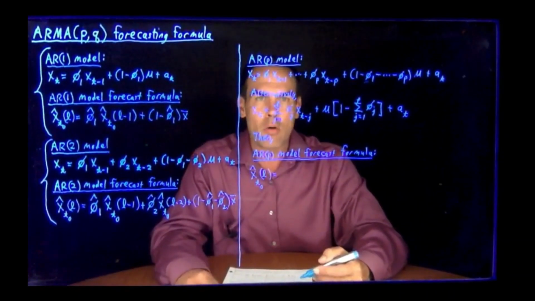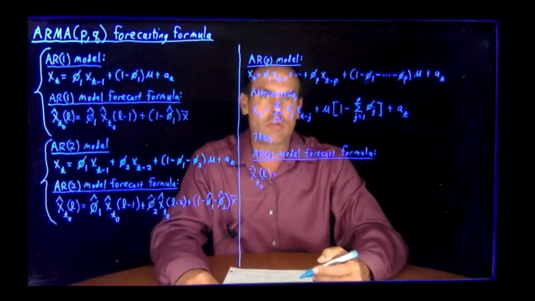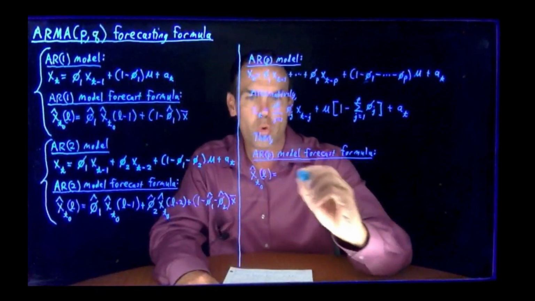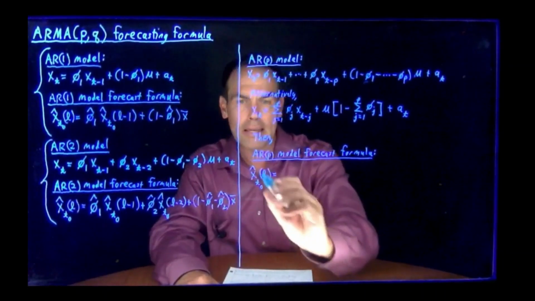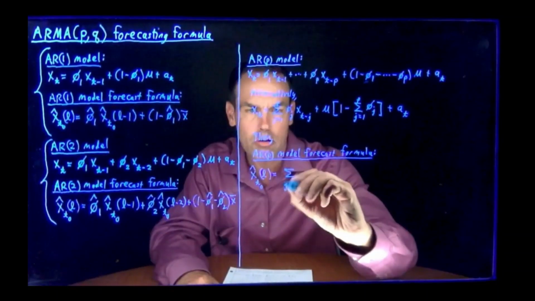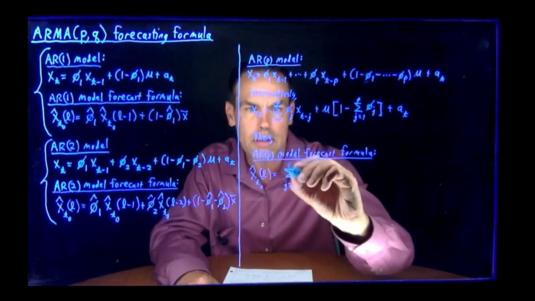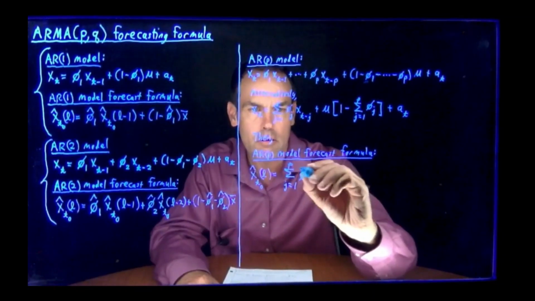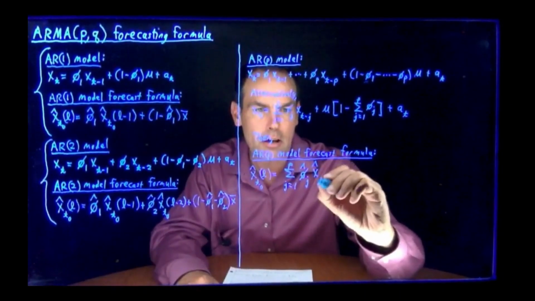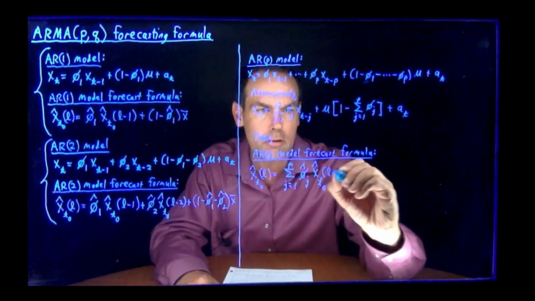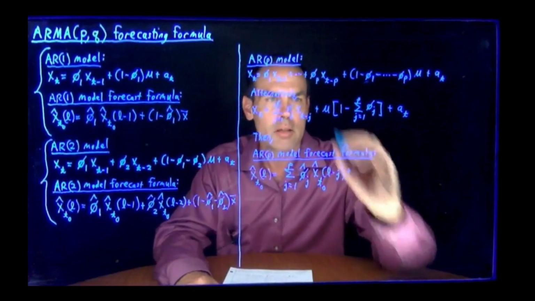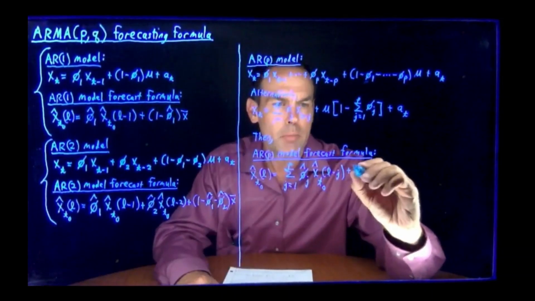All right, now what would the forecast look like for this? We'll go ahead and use this summation form to write these forecasts out. Again, x hat of t naught of L will be the summation of j equals 1 to p of phi hat j times x hat of t naught of L minus j, plus mu, which will become x bar.